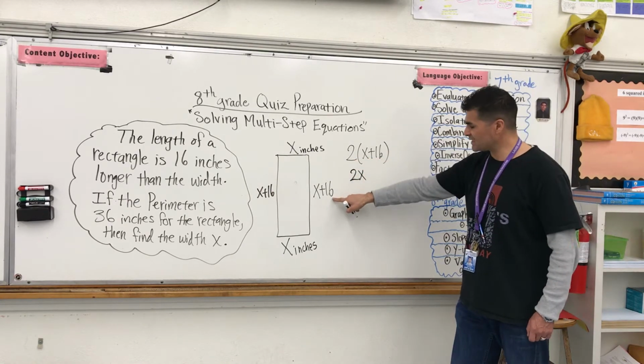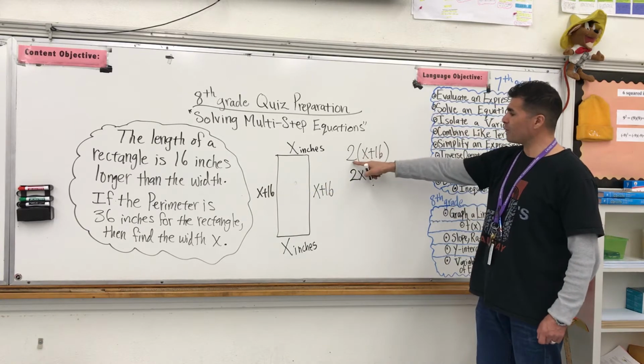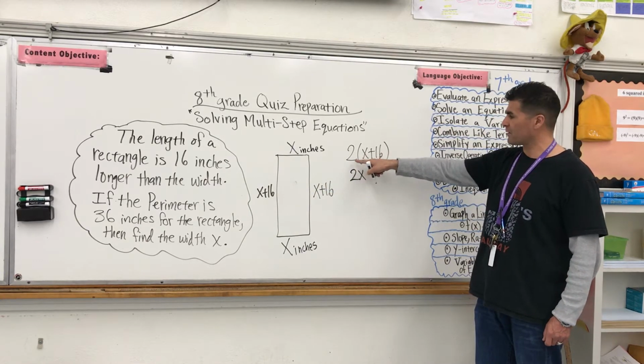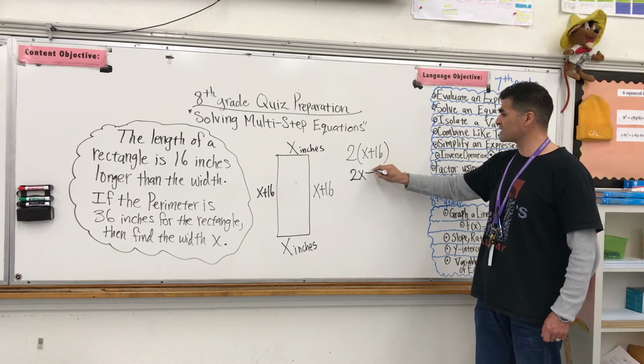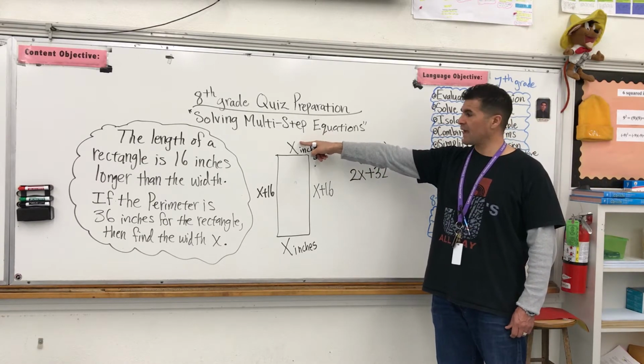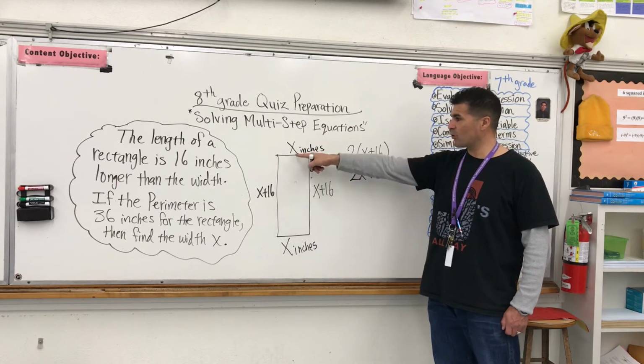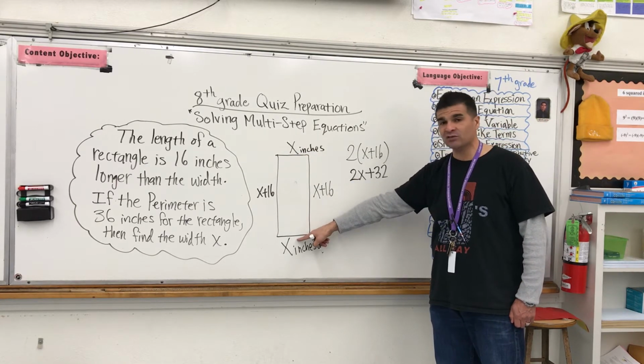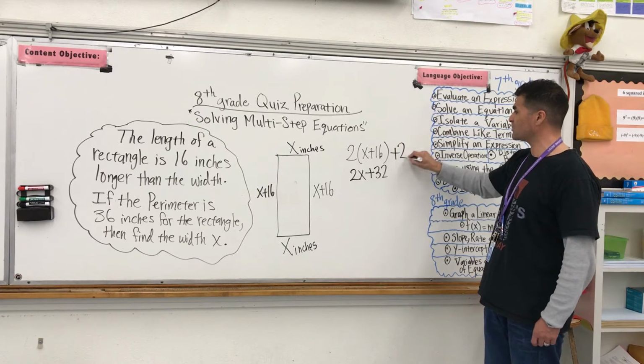Then I have 16 inches plus 16 inches. That's the same thing as using the distributive property, 2 times 16, which gives you 32. But then you still have to add this x plus this x, because the width is x inches and this width is x inches, so I'll put plus 2 x's.